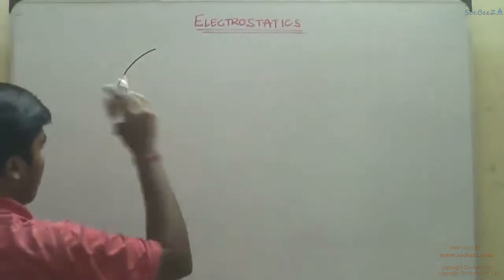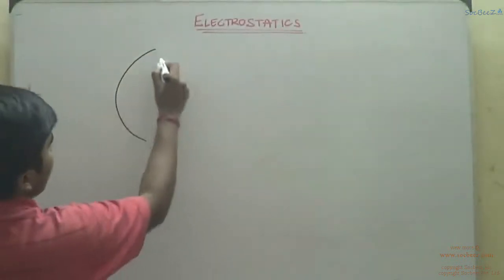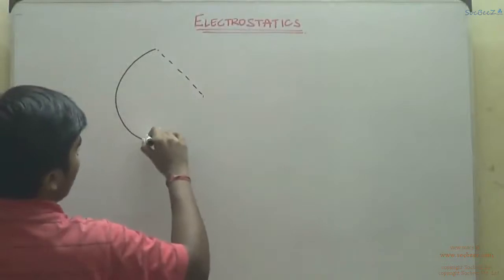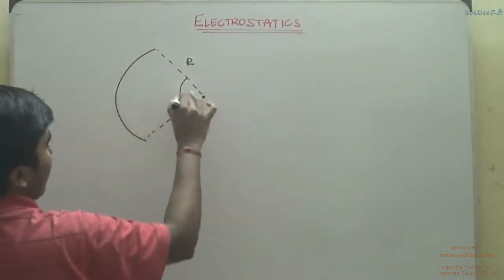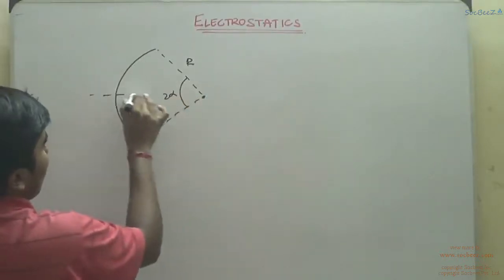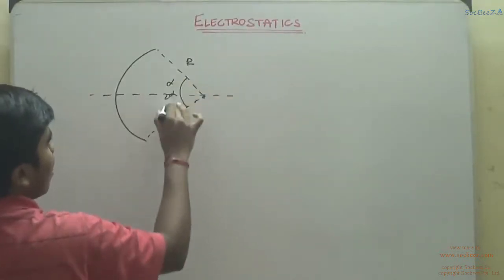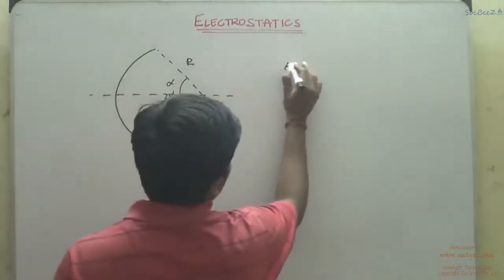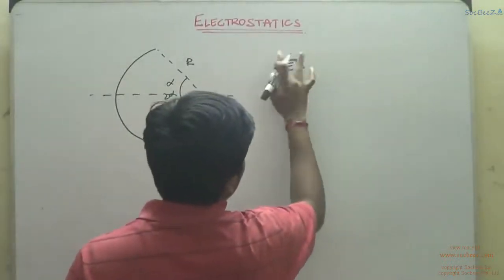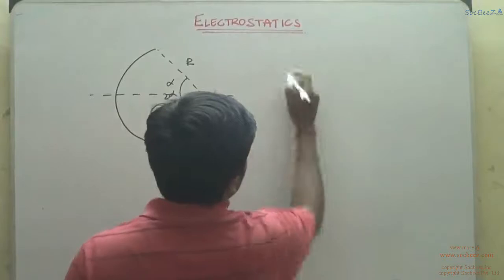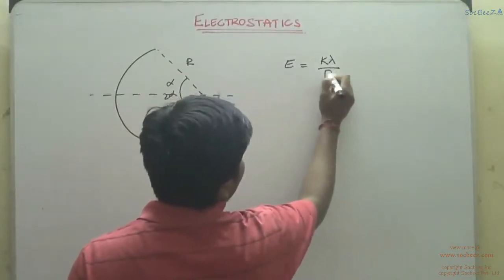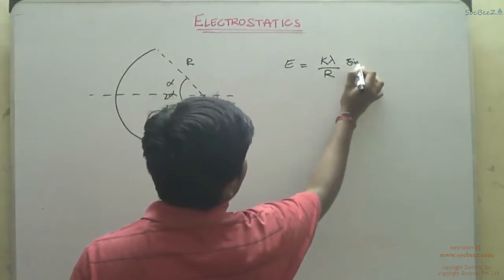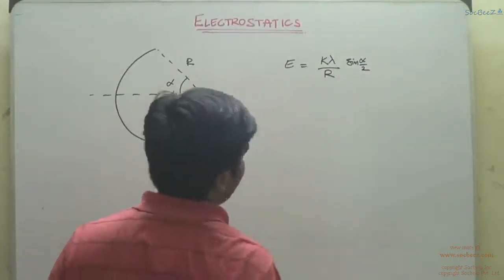We have told that for an arc of radius r and angle 2 alpha, the electric field is equal to K lambda by R times sin alpha by 2.